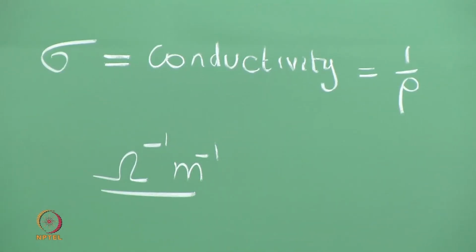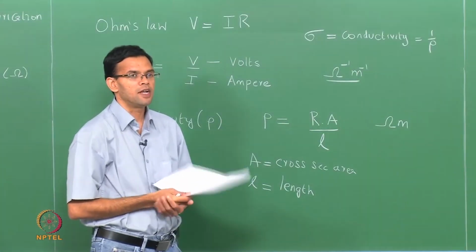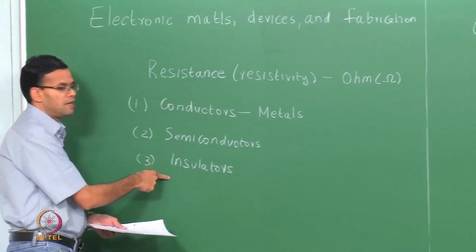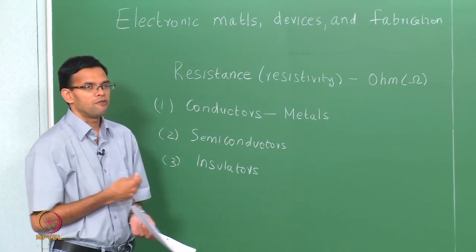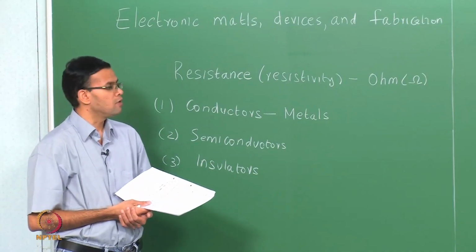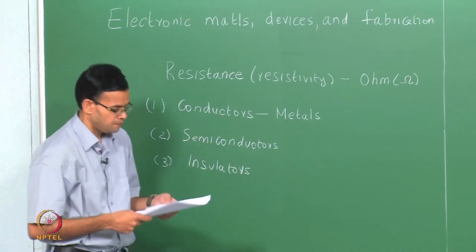So, we have introduced two concepts, right. One is the resistivity, the other is the conductivity. We also said we have three types of materials: conductors, semiconductors and insulators, and the difference between them is because of their difference in their resistivity values. So, let us look at some typical values for resistivity for all these three types.